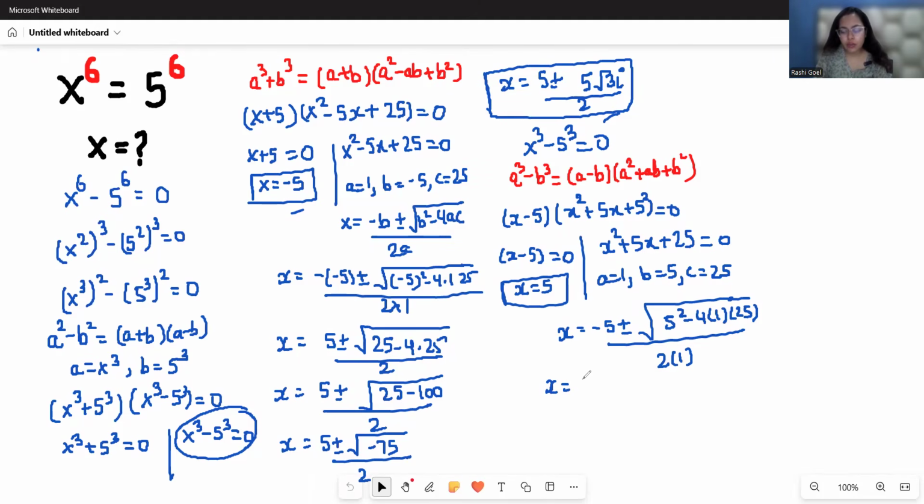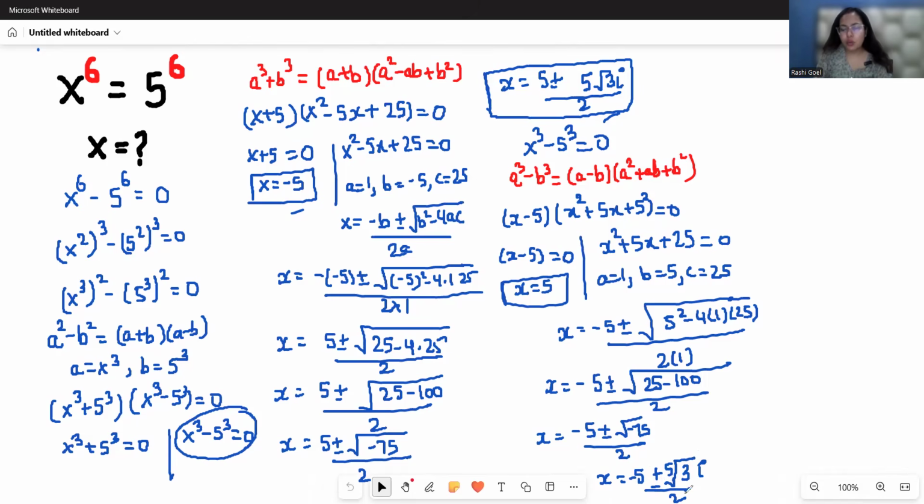So x equal minus 5 plus minus under root 25 minus 100 by 2. So x is equals to minus 5 plus minus root negative 75 by 2. So x is equals to minus 5 plus minus 5 root 3 iota by 2.